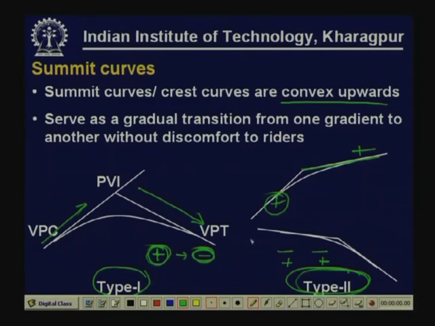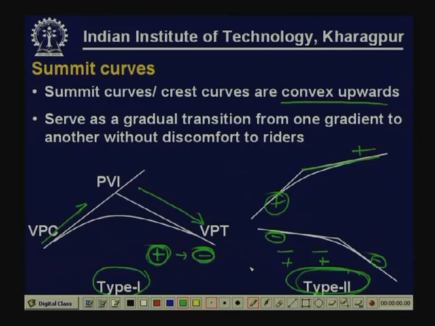Similarly, it is possible that this is a negative gradient and this one is also negative, but still a summit curve is formed. So, that we are calling a type 2 curve. So, type 1 is when the grade changes from positive to negative, and type 2 is when positive to positive or negative to negative, but still forming a summit curve.